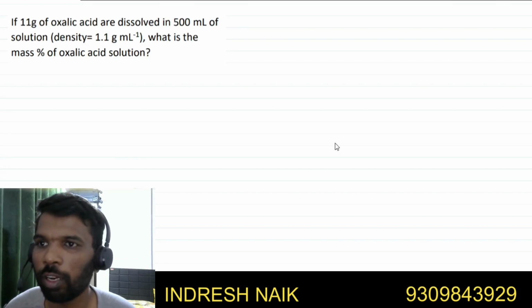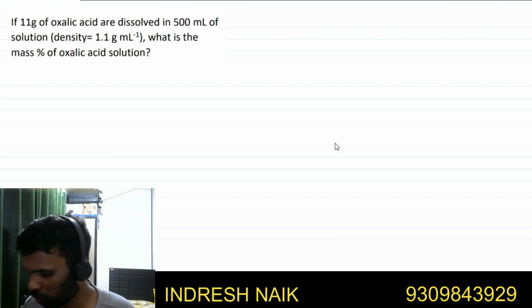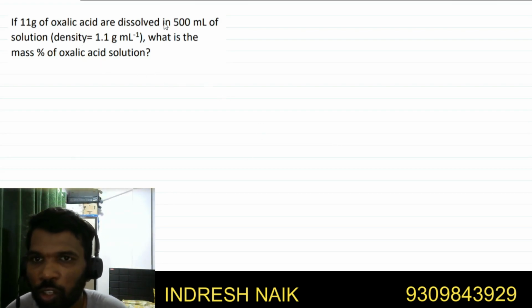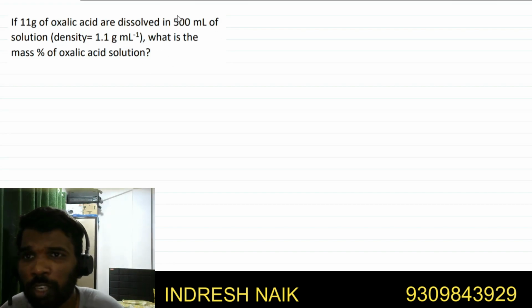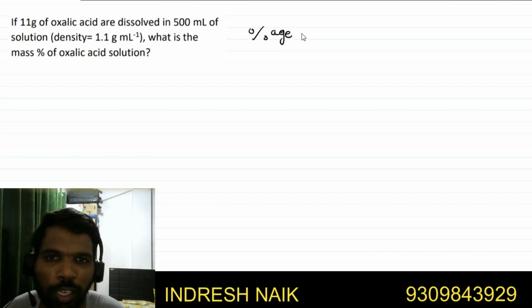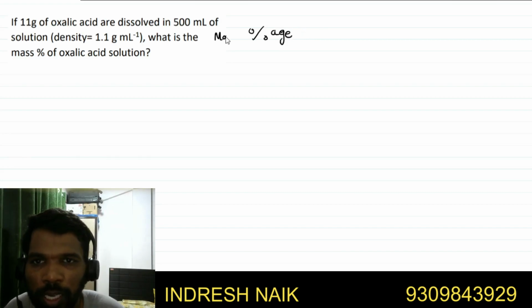So if 11 gram of oxalic acid, this question is based on mass percentage. 11 gram of oxalic acid are dissolved in 500 ml of the solution. Density is given 1.1 gram per ml of the solution. What is the mass percent of the oxalic acid? So what is the mass percentage? Mass percentage, it is just a percentage, remember. Mass percentage is mass of solute upon total mass.